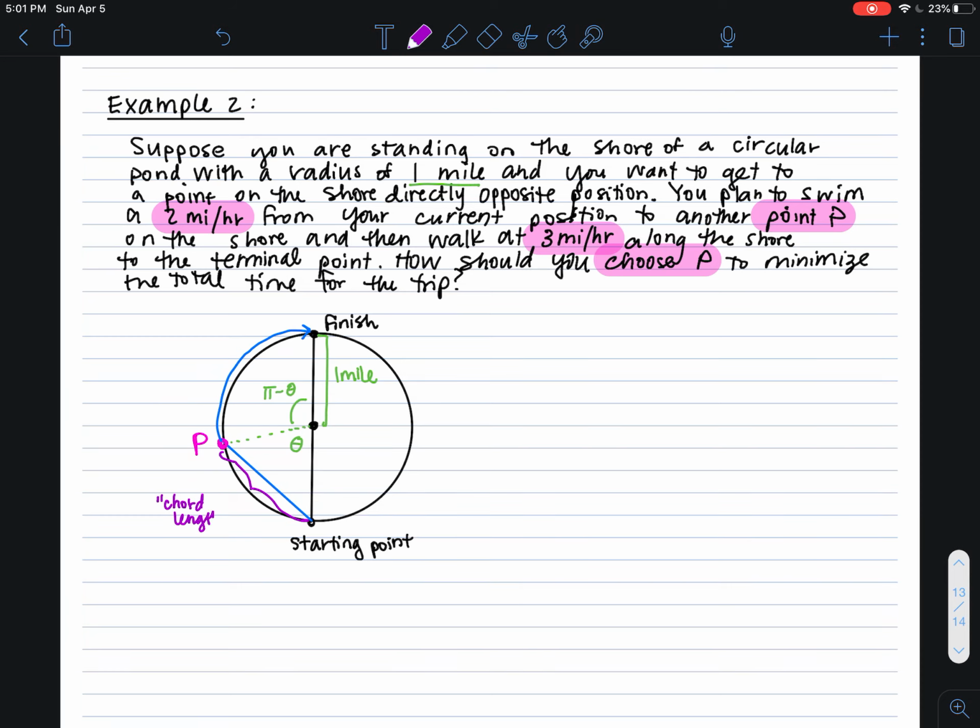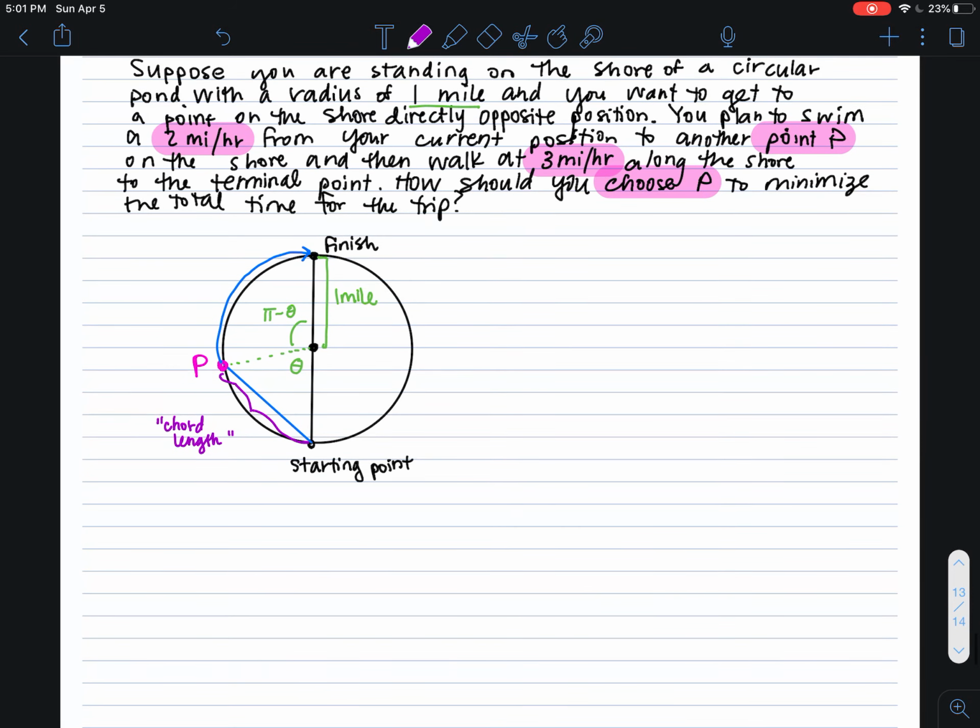I think you guys would have learned this in either algebra or trigonometry. Anyway, the chord length can be found by taking 2 times the radius times sine of theta over 2, where theta is that inner angle of the chord. A chord is just a line from one part of a circle to another part of a circle.